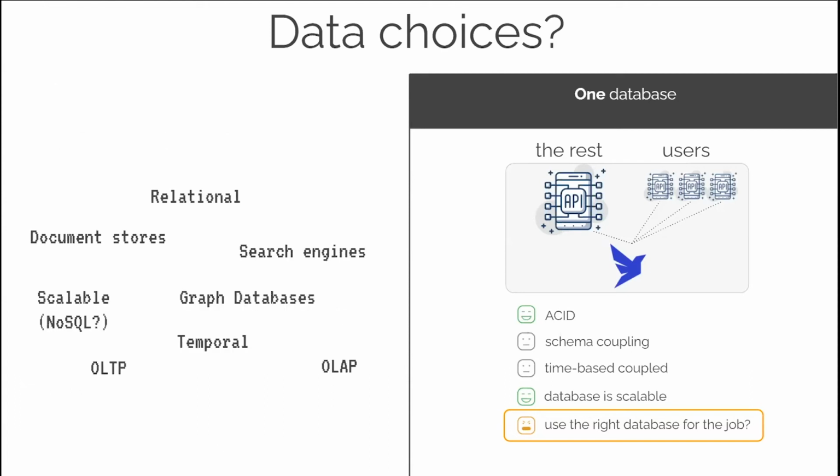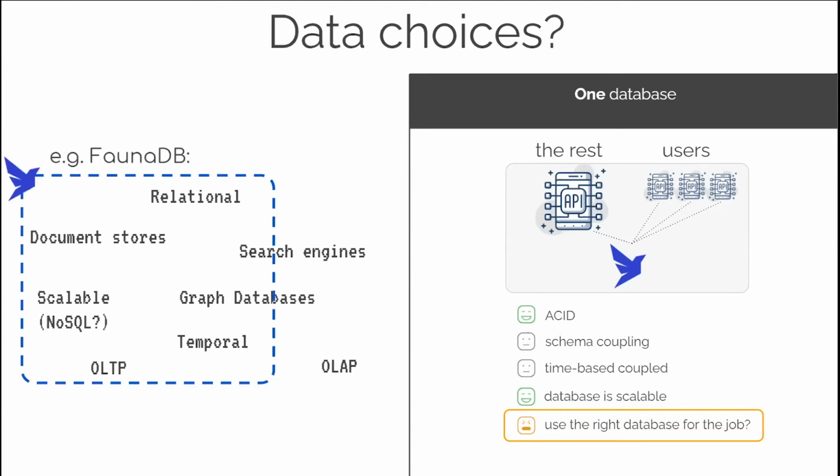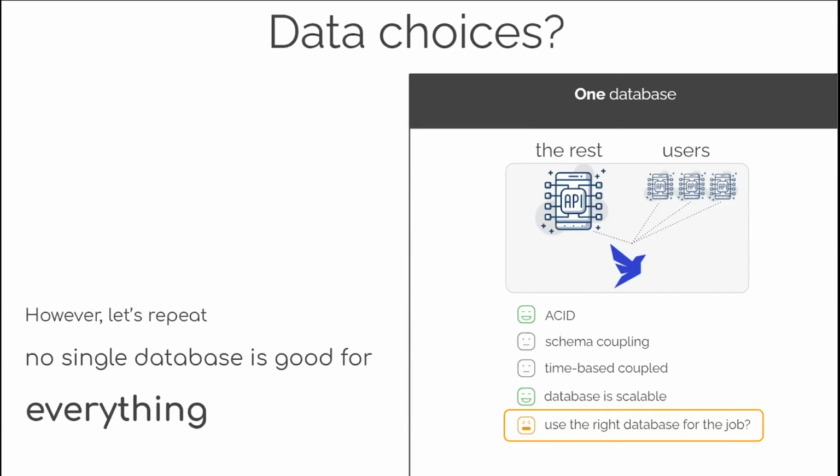The gap between databases is changing. We have many more databases that are multimodal. And if you look at Fauna, for example, it sits around there. It's relational, it's document-based, it has search capabilities, has graph-like capabilities, is scalable, and has temporality built in. And of course, it's an OLTP database. However, I repeat, it's still true that no single database is good for everything.